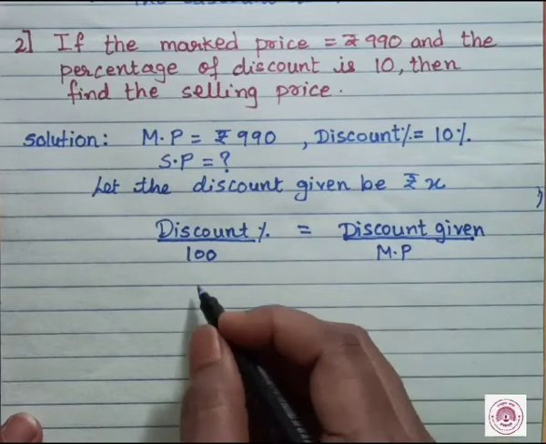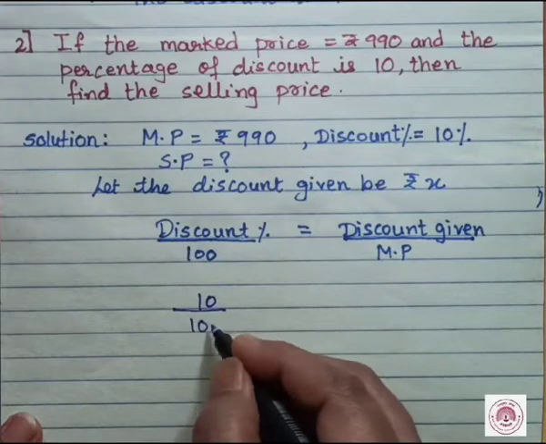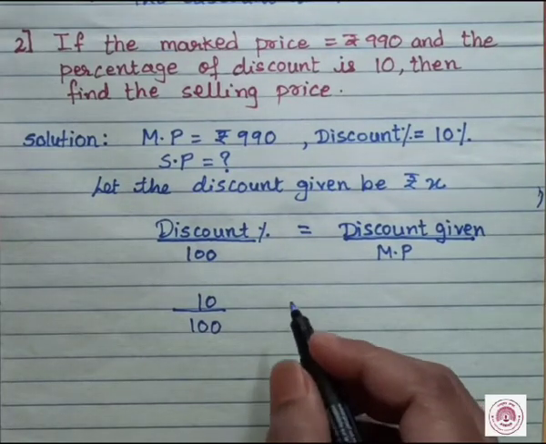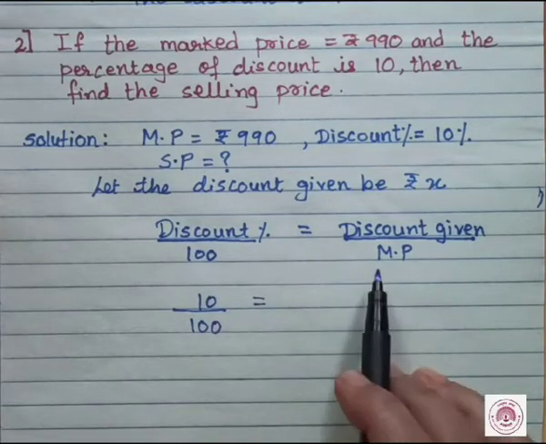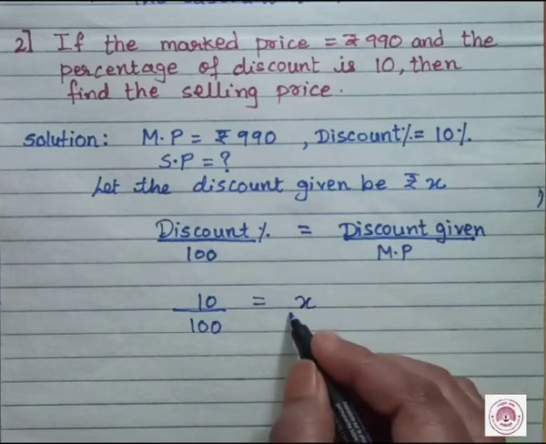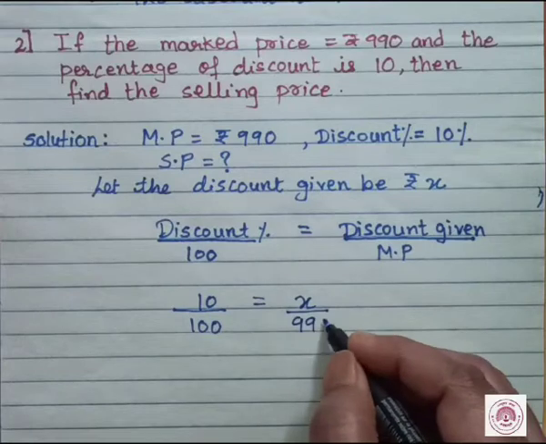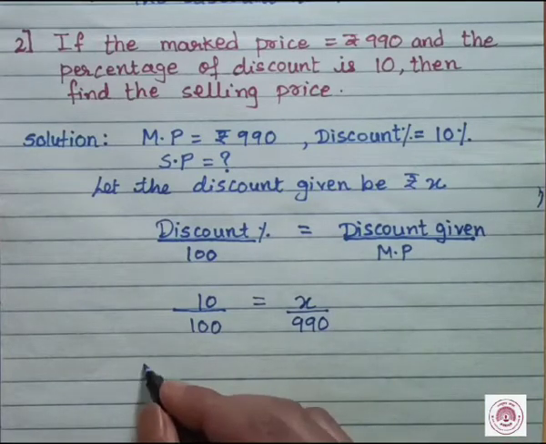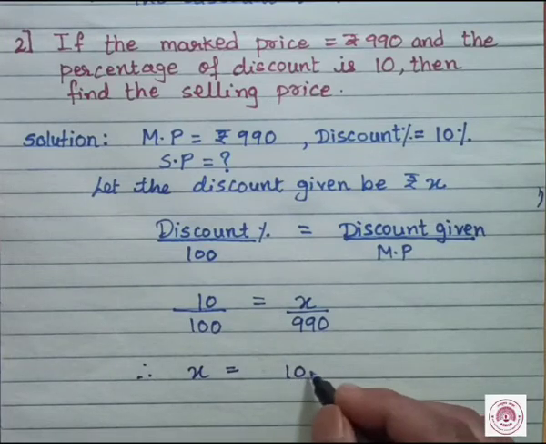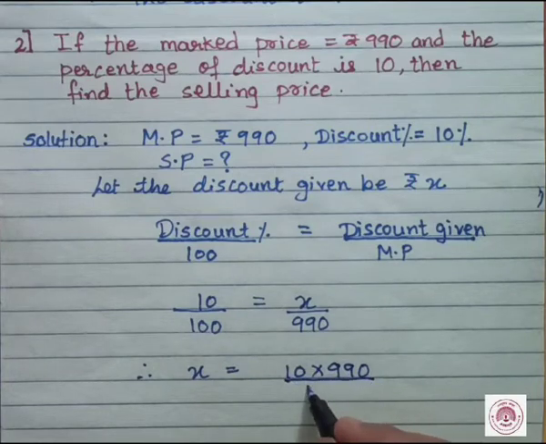Let's substitute the values. So discount percent is 10 upon 100 equals to discount given is rupees X. So let's write X upon marked price is 990 rupees. Okay, now therefore X is equal to 10 multiplied by 990 upon 100.